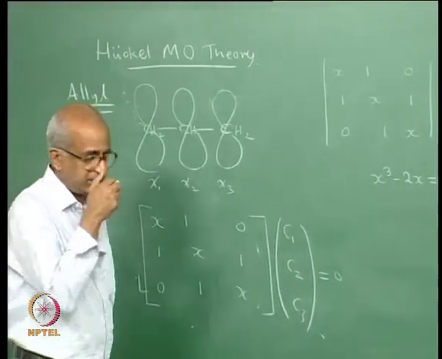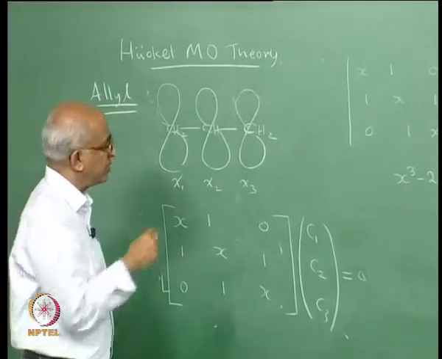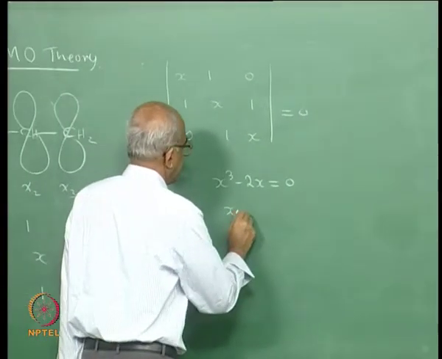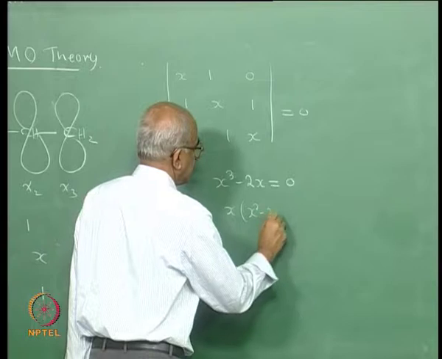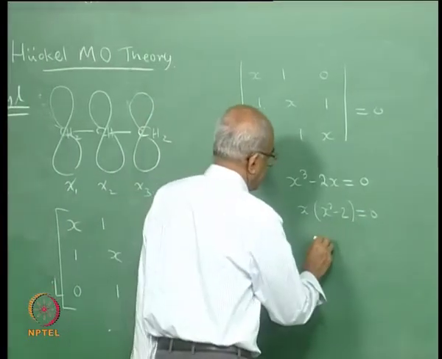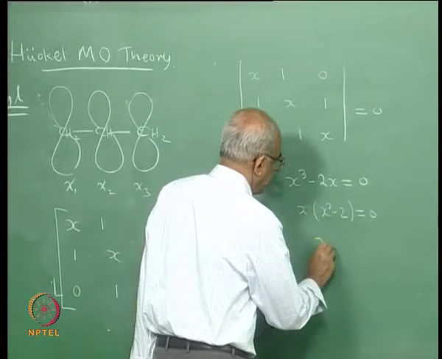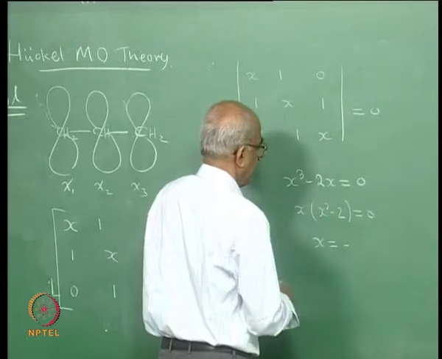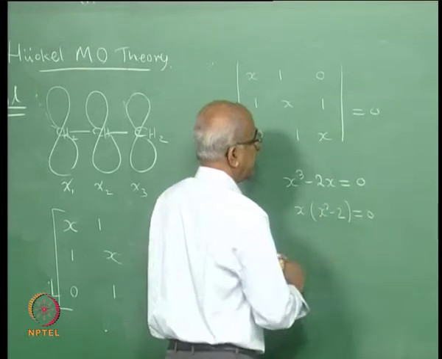If you expand the determinant, you will find that it is x cube minus 2x, which may be written as x into x square minus 2 is equal to 0. This implies that I have 3 possible values of x, minus root 2 being one possibility.